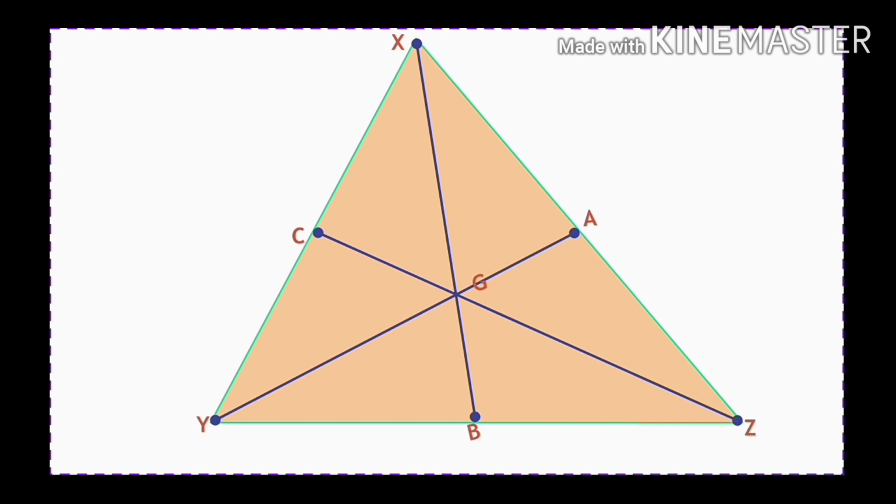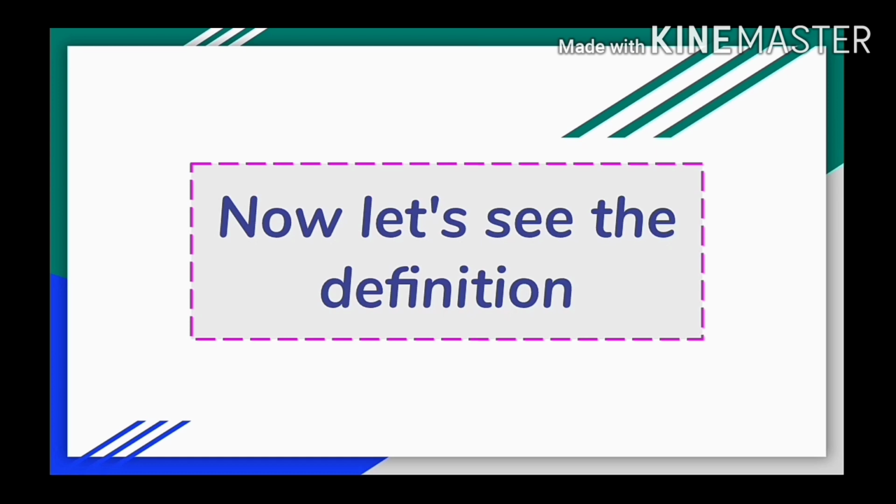And we get a centroid, that is G. We take G as the centroid. We all know that the centroid divides all the medians into a ratio. That is, the bigger part is 2 and the smaller part is 1. That is, the ratio of a median is 2:1. That means the centroid divides a median into the ratio 2:1.